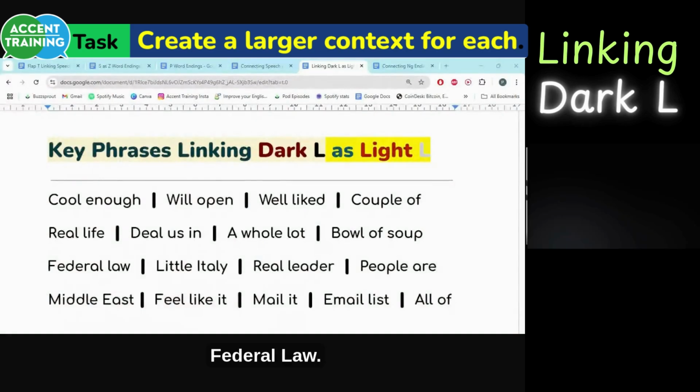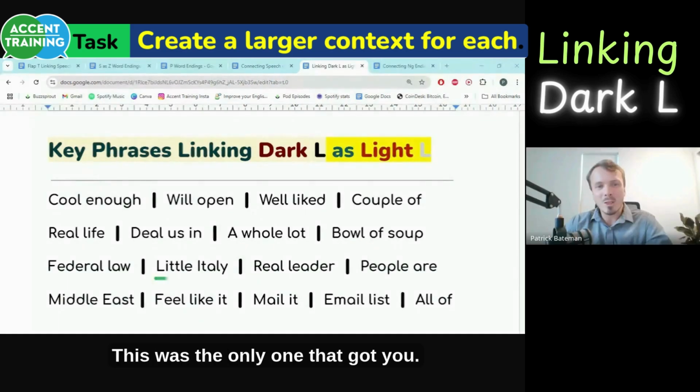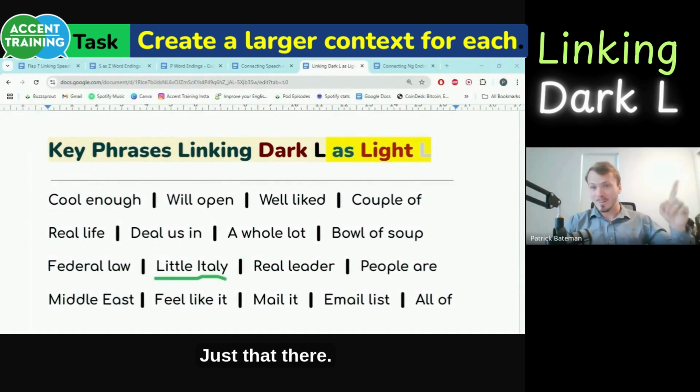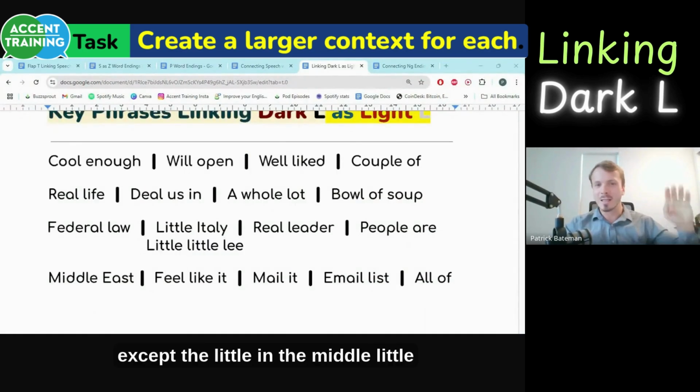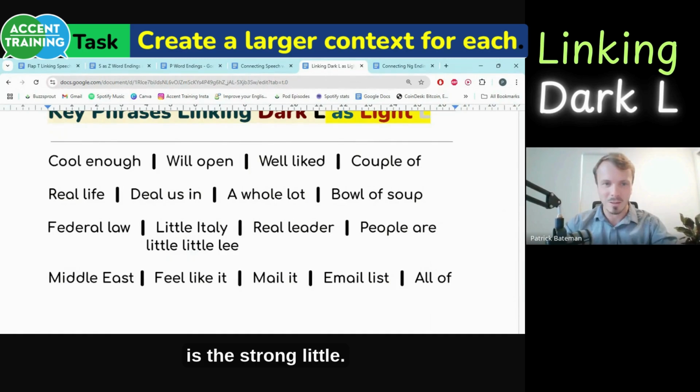Well done. Kerala. Little Italy. Real leader. People are. People are. This was the only one that got you. It's just like this, except the little in the middle is the strong little.